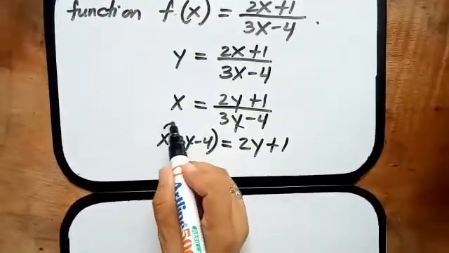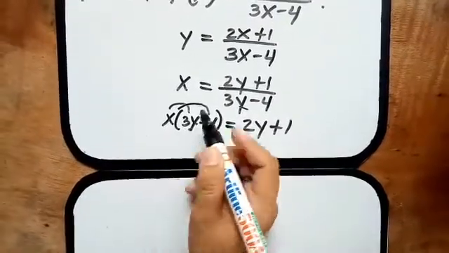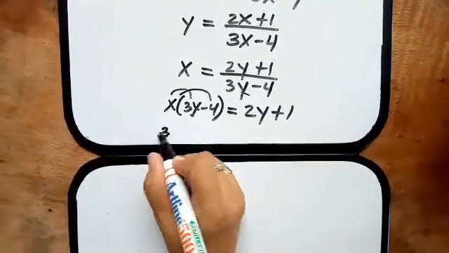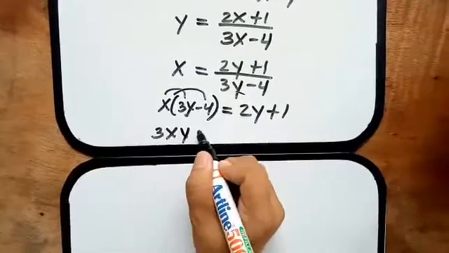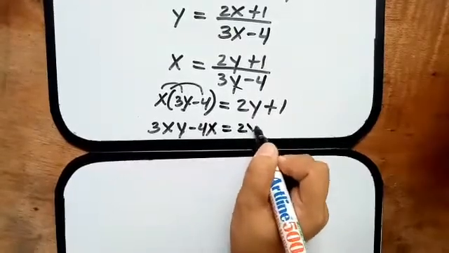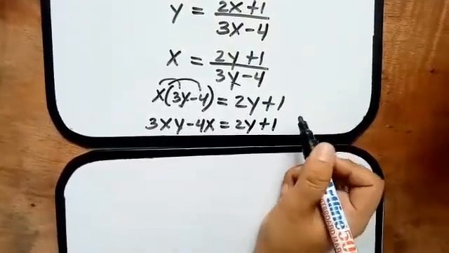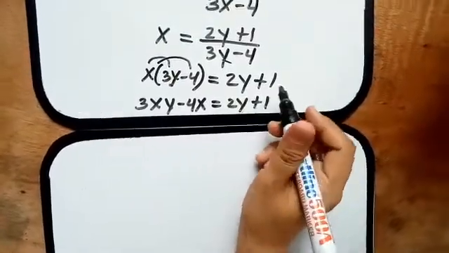So monomial times binomial. So x times 3y, we have 3xy. Then x times negative 4 is negative 4x, equals 2y plus 1. So we need to solve for y.